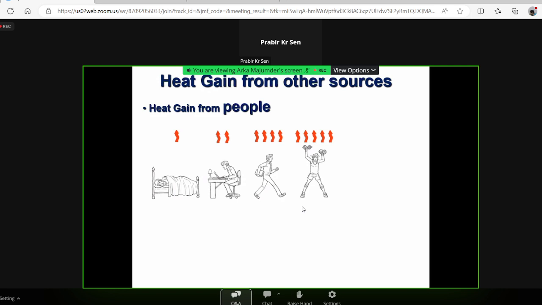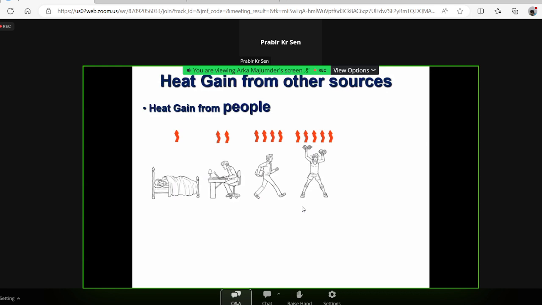It's only the temperature difference between the AC room on one side of the partition wall and the non-AC room on the other side. Floors are also the same. If the floor below is non-AC, you take the temperature difference between the AC room on one side of the floor and the non-AC room on the other side. You take that delta T.